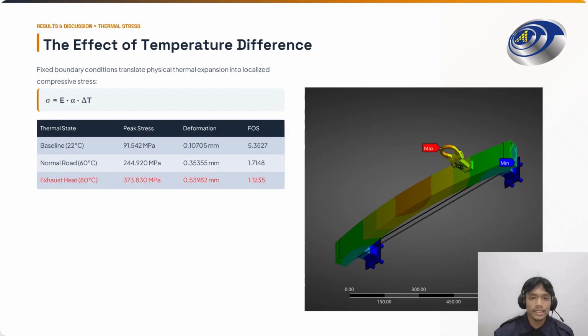If we factor in exhaust heat raising the temperature to 80 degrees Celsius, peak stress spikes to over 373 megapascals. This dramatically drops our factor of safety to just 1.12, highlighting a critical area where thermal management is absolutely necessary.